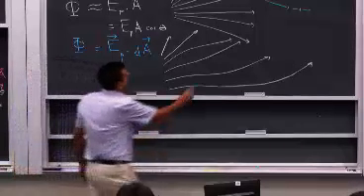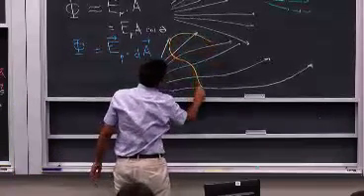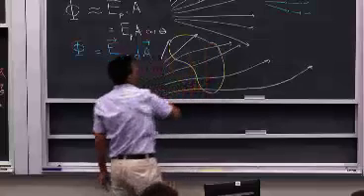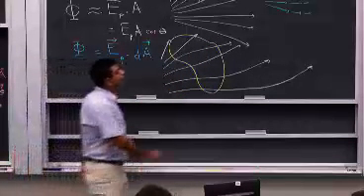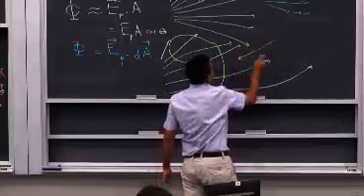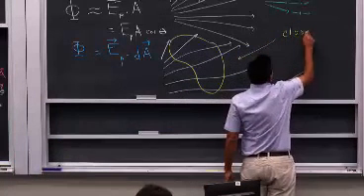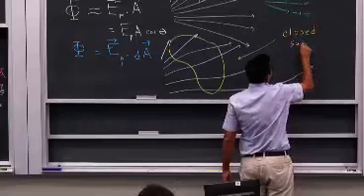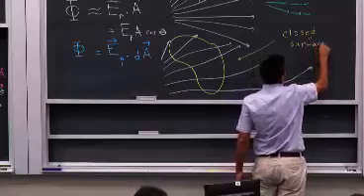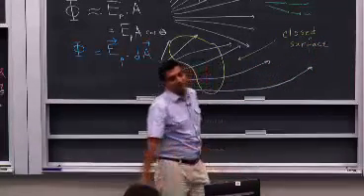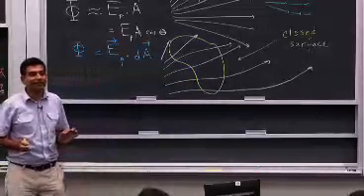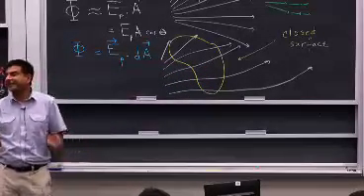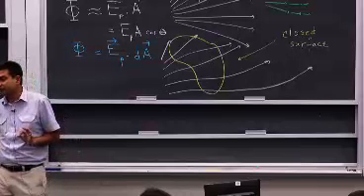Now I have a pear-shaped surface, a complicated shaped surface, and it's a closed surface. Now what is meant by a closed surface? A closed surface is such that you can define an inside and an outside.